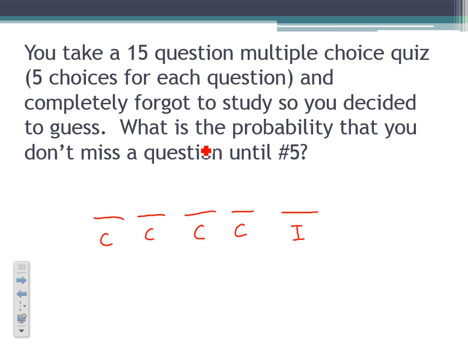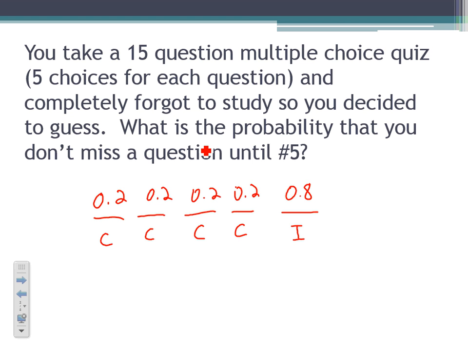Well, it's 20%. So it's 0.2 on the first 4, right? The probability I get the first question correct is 0.2, second 0.2, third 0.2, fourth 0.2, and then I miss a question. I'm very specific about when I want that to happen. So the probability that I miss a question is 0.8.